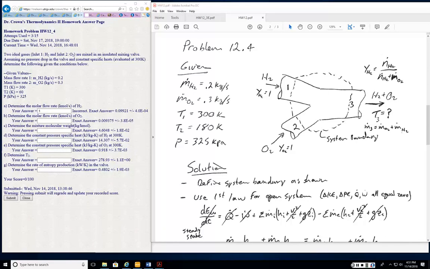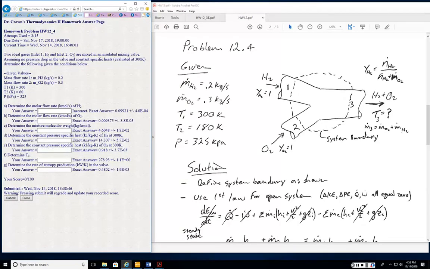Alright, so we're given the mass flow rates, and we need to find the molar flow rate. So that's the first thing we do. If we know the molecular weight, like we did before, we can divide the mass by the molecular weight and get the moles. If we have a mass flow rate and we divide by the molecular weight, we'll get the molar flow rate.